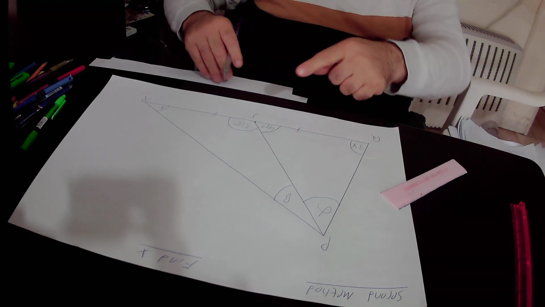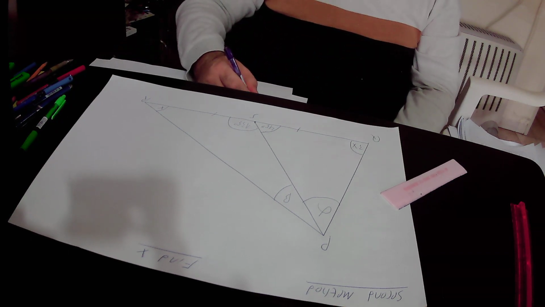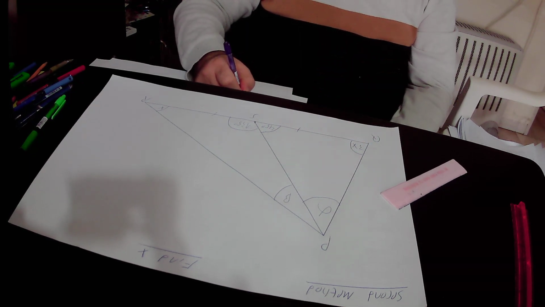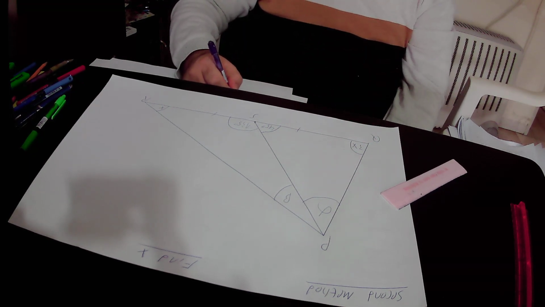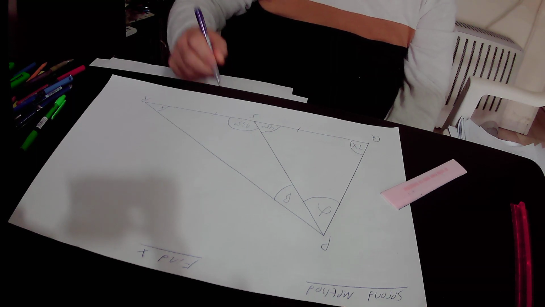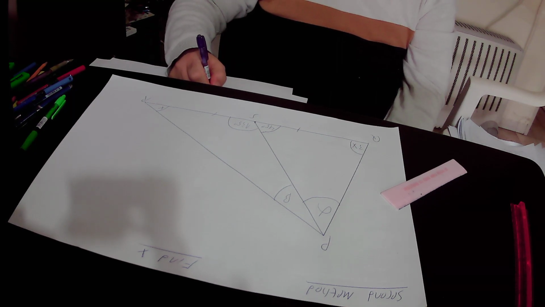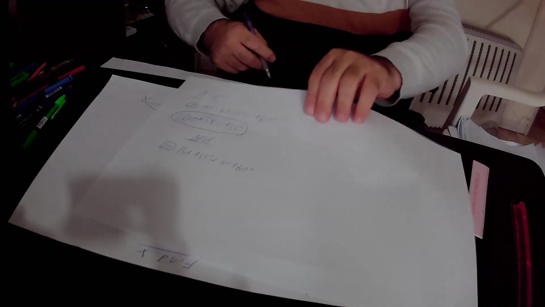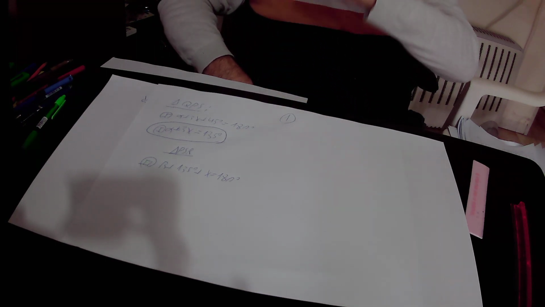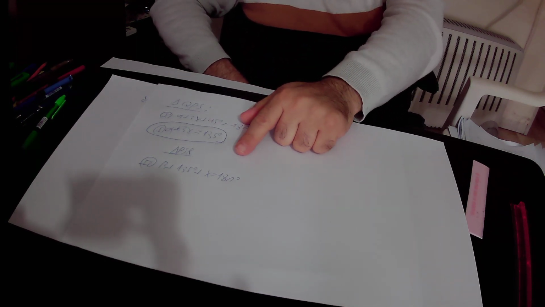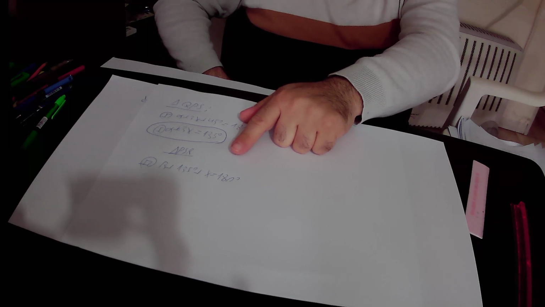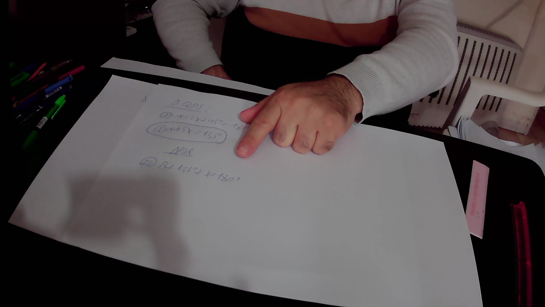That is to say, angle beta plus 135 degrees plus angle x must be equal to 180 degrees. I repeat again, the sum of the angles in triangle PSR must be equal to 180 degrees. That is to say, beta plus 135 degrees plus x equals 180 degrees.